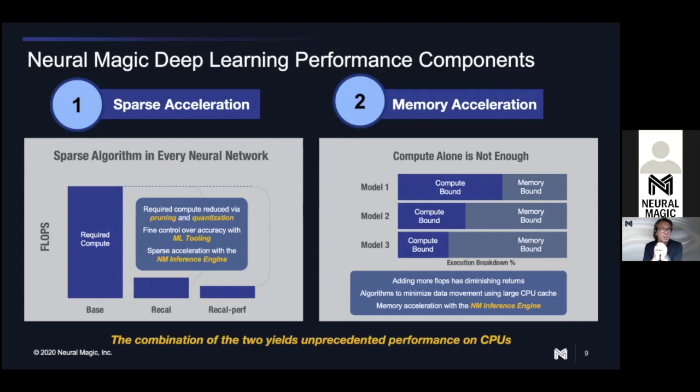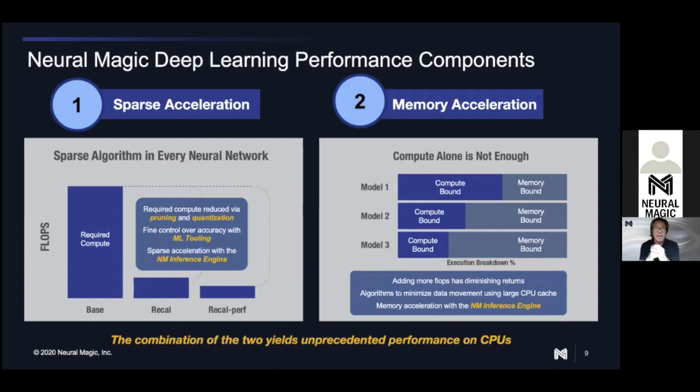Their insight was there's a sparse algorithm hidden in every neural network. But because the hammer we use to address this computational problem is just lots and lots of flops, typically what happens is we brute force our way through it, saturate the cores, throw a whole bunch of compute at it, and power through that model.